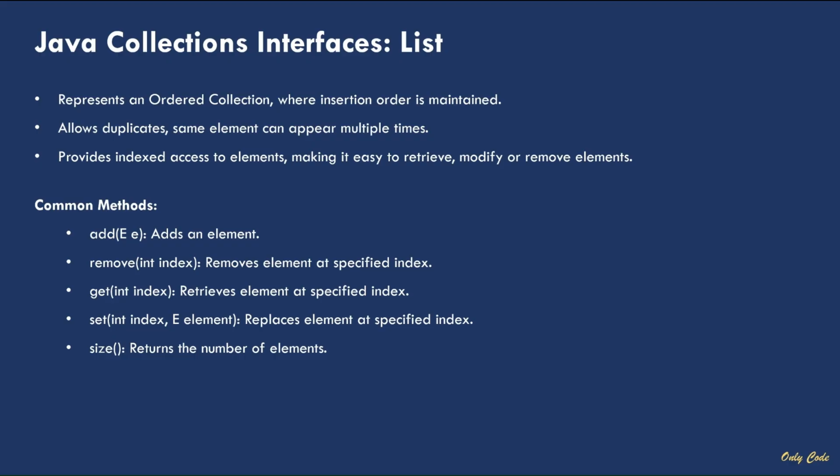Size, returns the number of elements in the list. Some common implementations of list include ArrayList, which is a dynamic array allowing duplicates and preserving insertion order. Linked list, which is a doubly linked list that allows for efficient insertions and deletions.